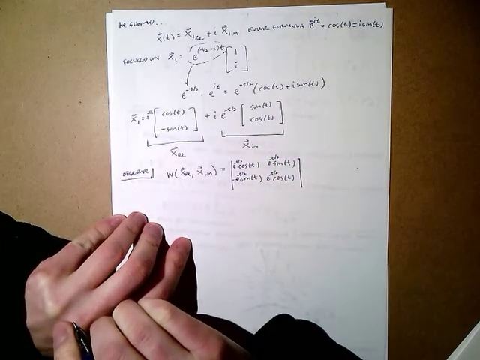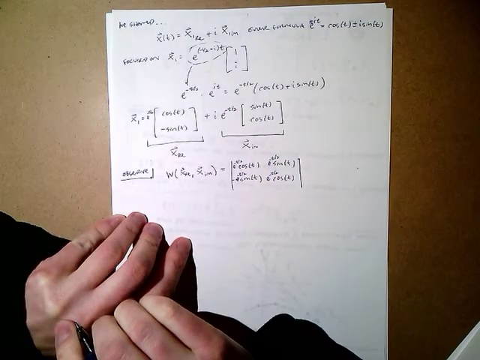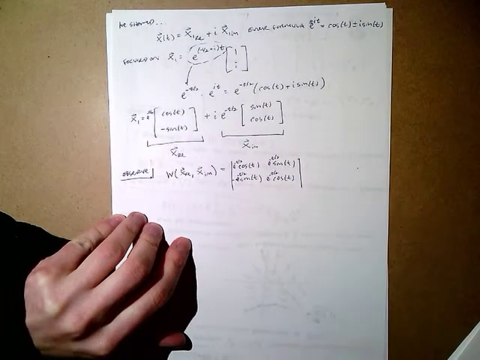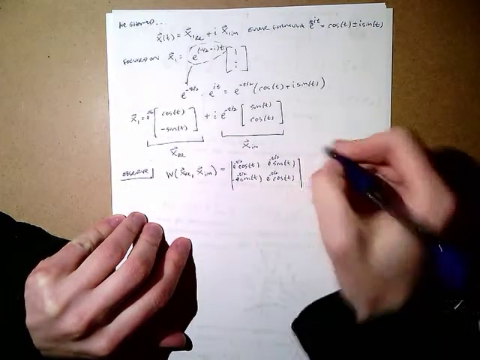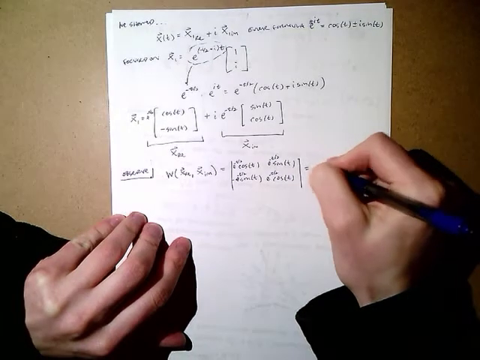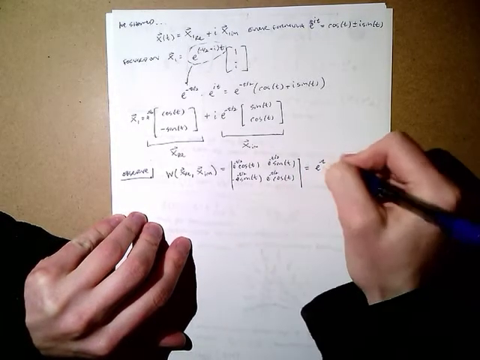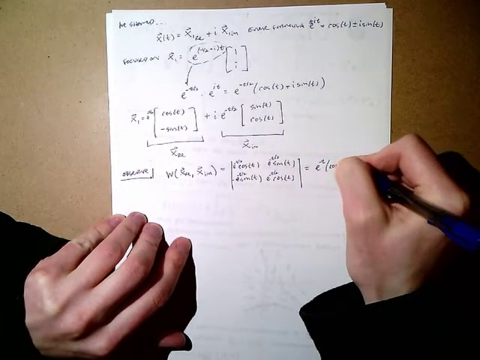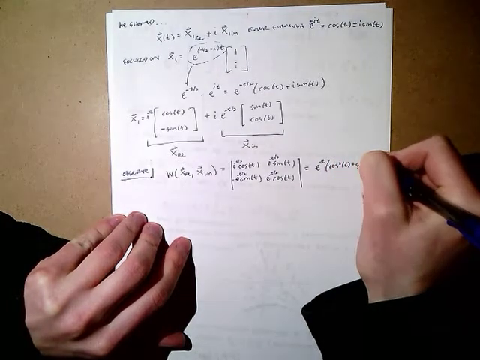Okay, so if we take the Wronskian determinant, what do we get? One can show that this is going to give us e to the negative t times cosine squared plus sine squared.